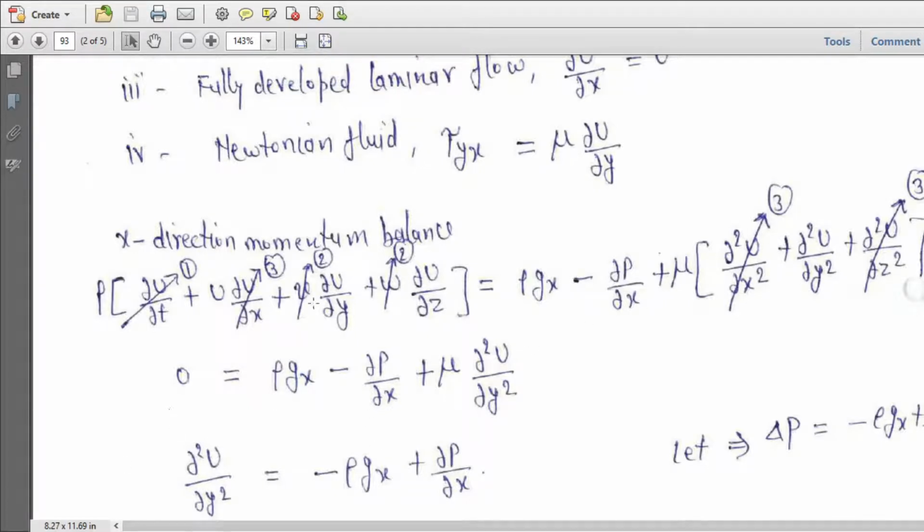So the resultant equation is 0 equals rho gx minus del P upon del X plus mu del square U upon del Y square.